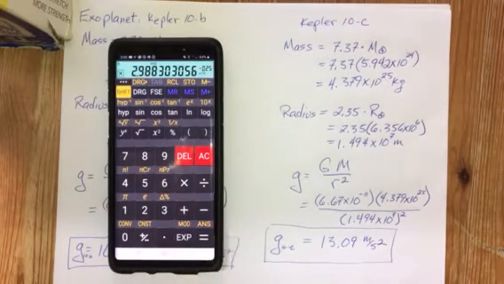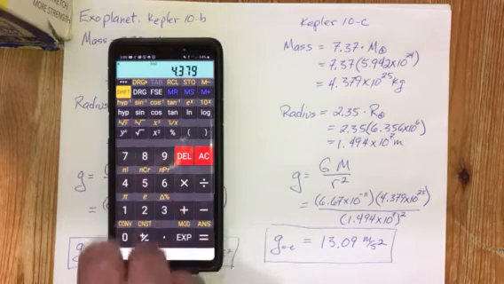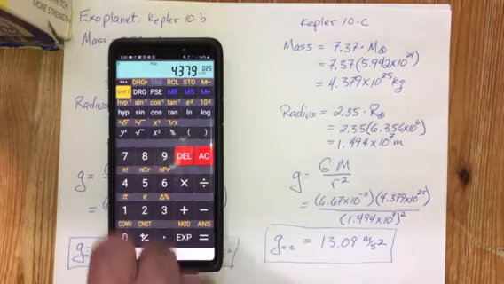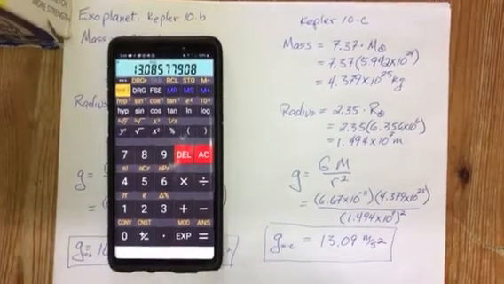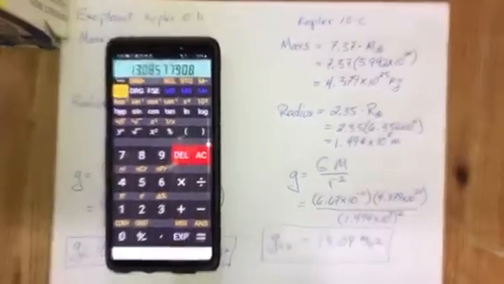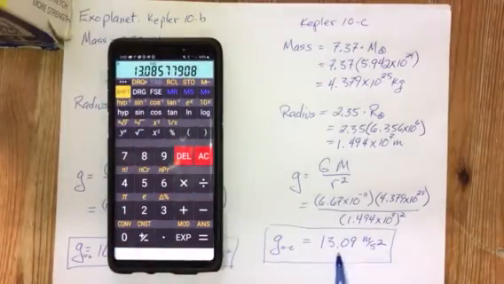And then we'll multiply that by 4.379 exp 25. And the end result we get is 13.085, we can round that off to 13.09 meters per second squared. So that would be the acceleration due to gravity on this other exoplanet.